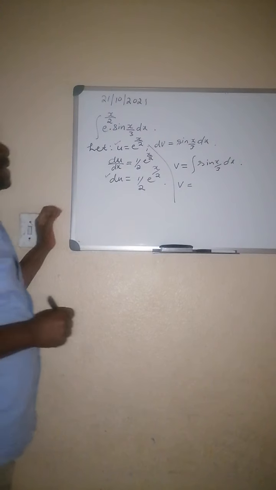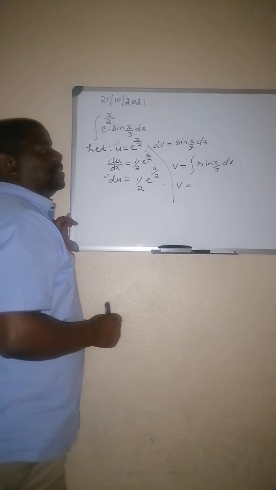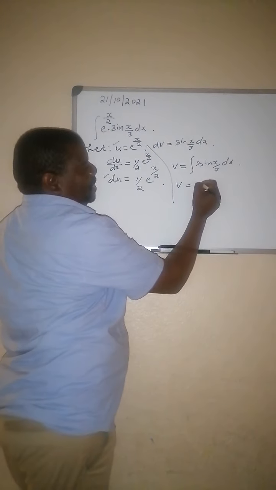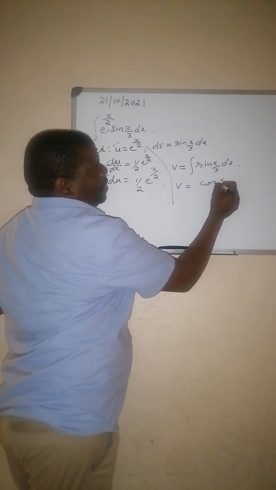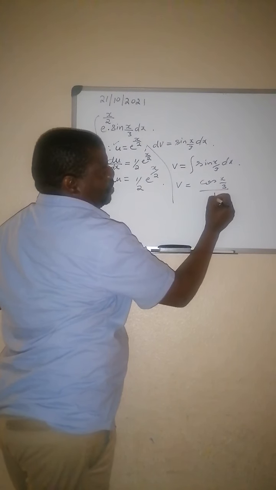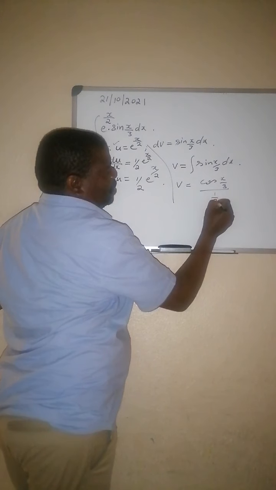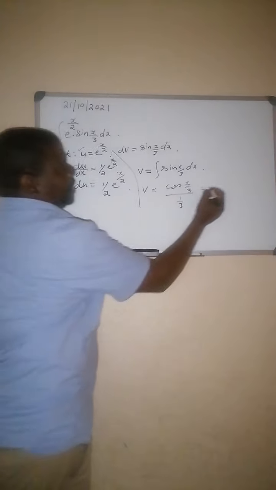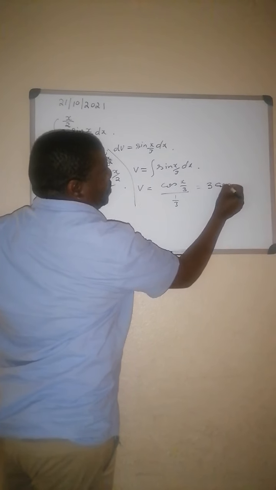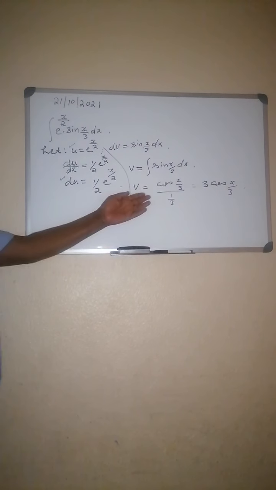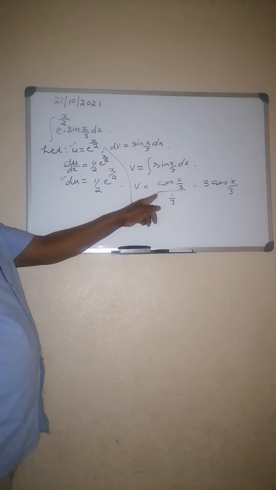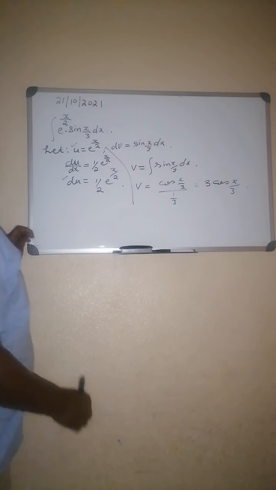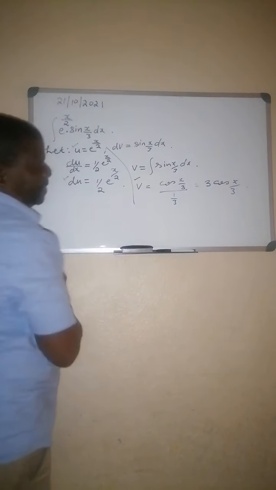When we integrate sine x over 3 dx, the integral will be the cos of x over 3 all over 1 over 3. And when you simplify, it will be 3 the cos of x over 3. You will see this as 1 divided by 1 over 3, which will then give 3. Now this will then be the v part.